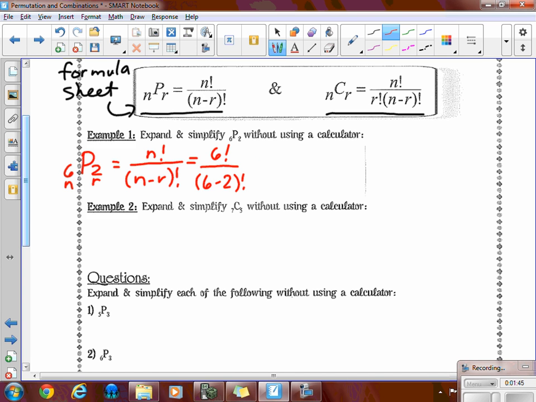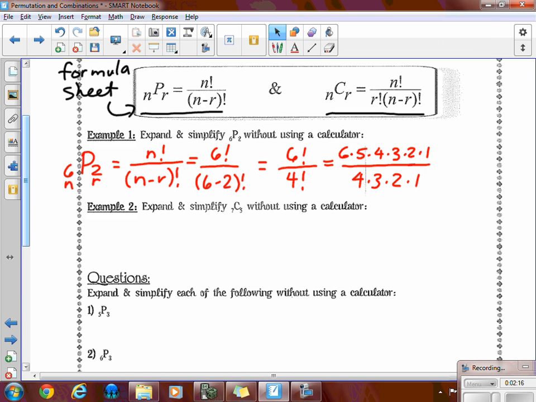We can clean the denominator here. That's 6 factorial over 4 factorial. Now a lot of people would be tempted to run to their calculator right now, figure out what 6 factorial is, figure out what 4 factorial is, and divide them. We're going to look at this in a purely algebraic way. We're going to look at 6 factorial meaning 6 times 5 times 4 times 3 times 2 times 1, and 4 factorial being 4 times 3 times 2 times 1.